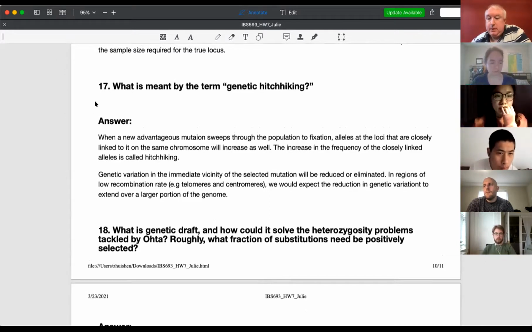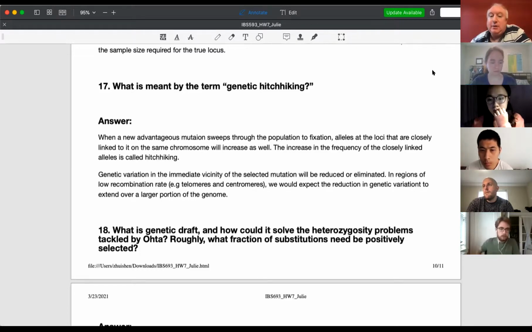And therefore the result is that regions of the genome with very low recombination rates tend to have lower amounts of variation. If you scan along the genome and find a region with a very low recombination rate, you almost always find that it has very little variation.